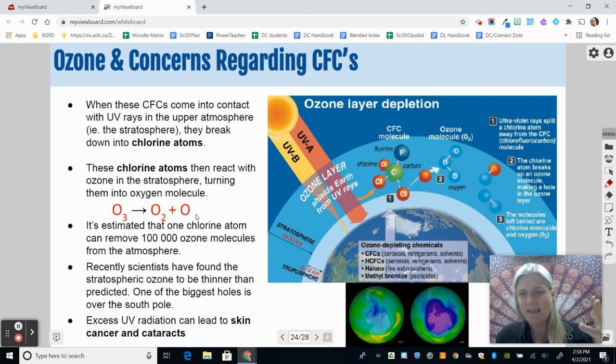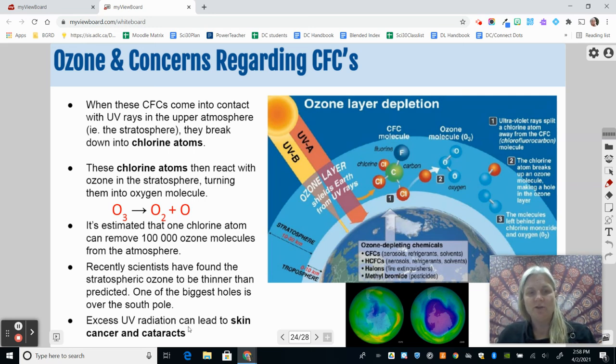The chlorine doesn't go away. There's an estimation that one chlorine atom can remove 100,000 ozone molecules from the atmosphere. So it's a never-ending thing. And that's why, even if we've banned CFCs, they're still up there, still destroying the ozone layer, because they're persistent. They just keep going.